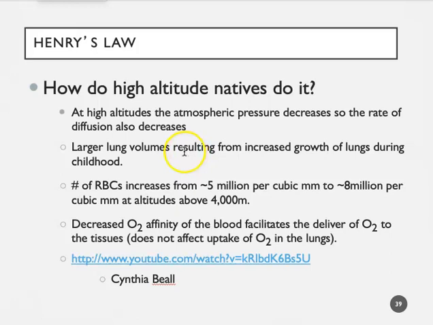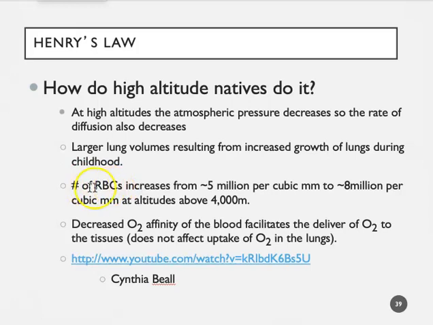One is larger lung volumes, and by having larger lung volumes, that allows more air to go in, so that allows for more opportunity for gas exchange to occur. There's an increase in the number of red blood cells, and this is true for any of us. So if you all of a sudden move to a very high elevation place, you would not suddenly develop larger lungs.